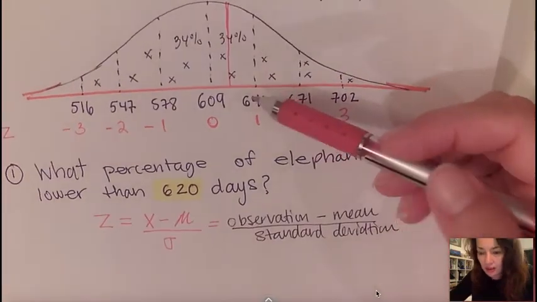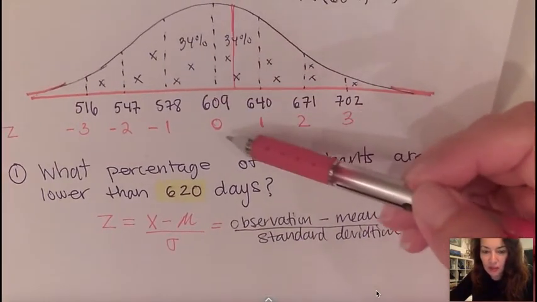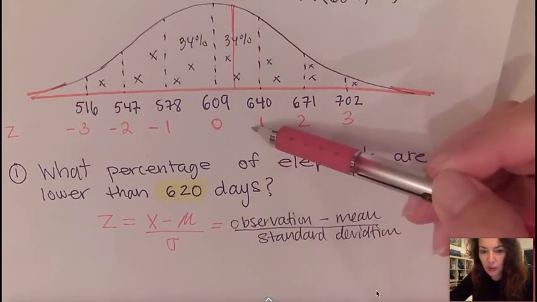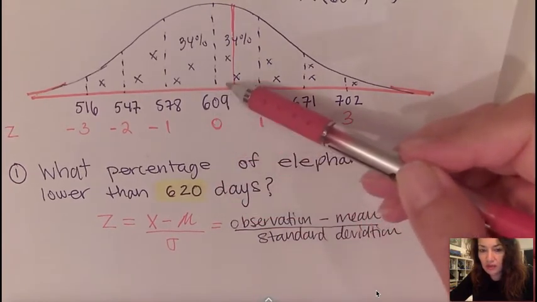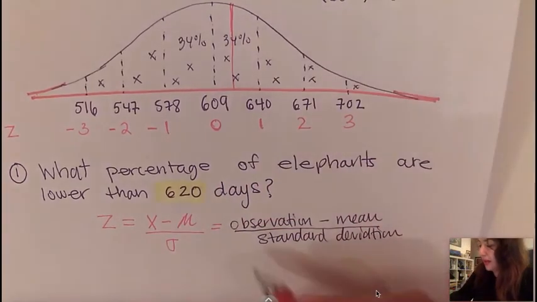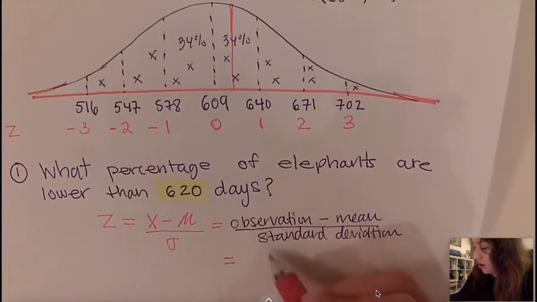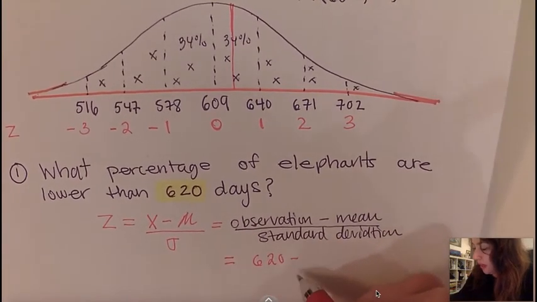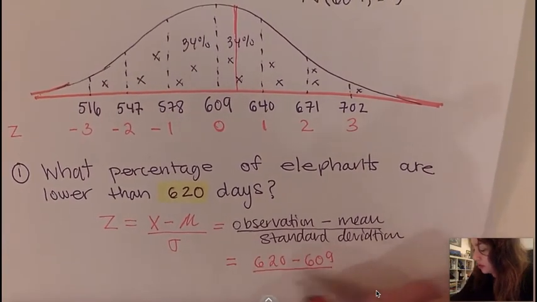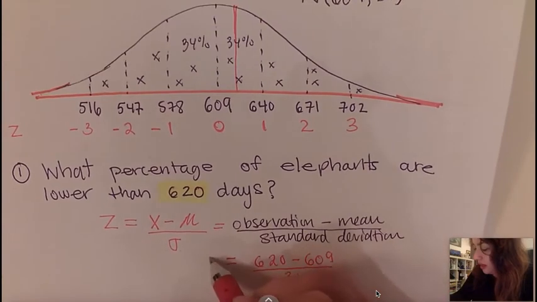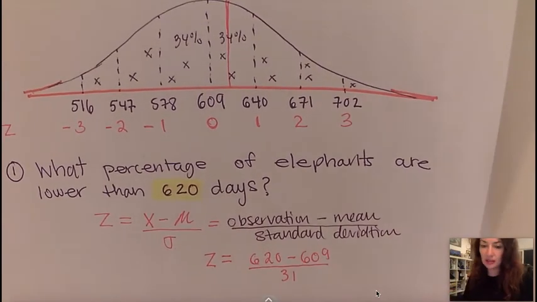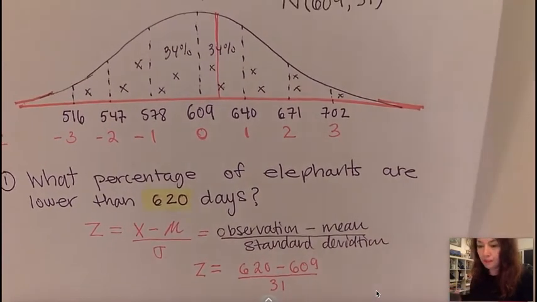I can already tell from this model that it's going to be something between 0 and 1 because 620 is above the mean. So let's see what we get. Our observation is 620 minus the mean, which is 609, over the standard deviation, which is 31. That is how we're going to calculate that z-score. It's very simple math.